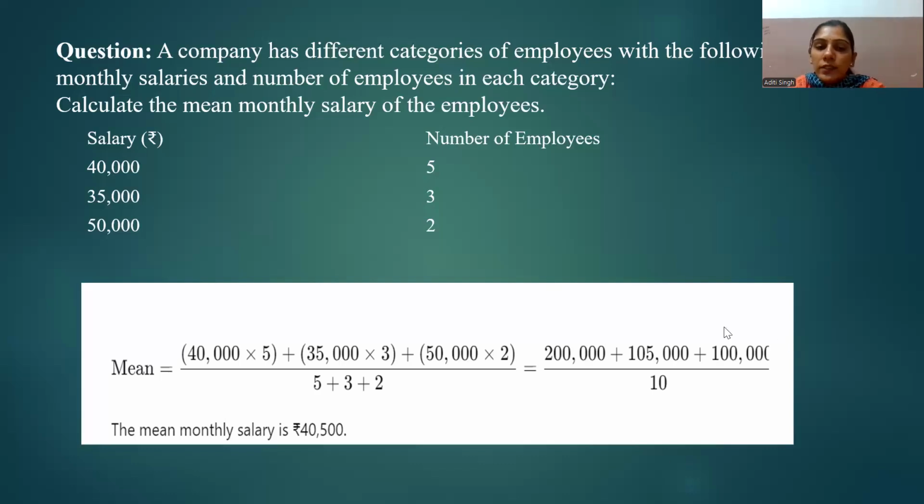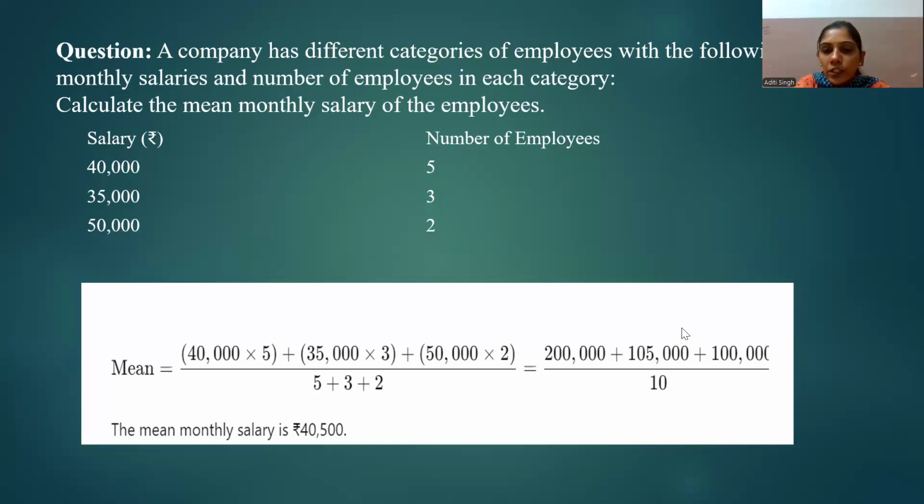And then we divided this sum by 10. So in the first step, we did the multiplication of 40,000 by 5, 35,000 by 3, and 50,000 by 2.